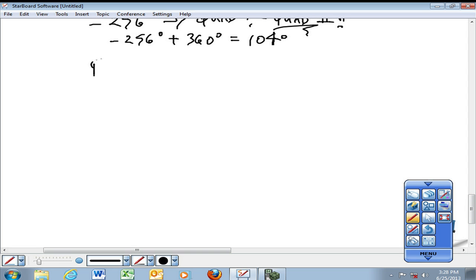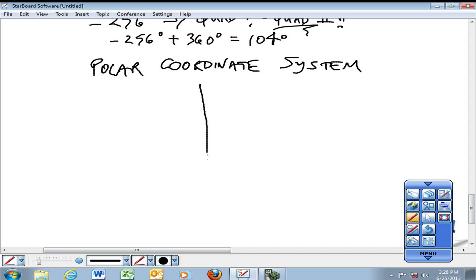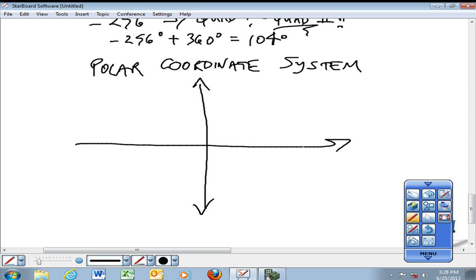And then what you're going to see is that at the end of this chapter, you get to play with the polar coordinate system. Which shouldn't surprise anybody, since you're going to be playing around with circles.